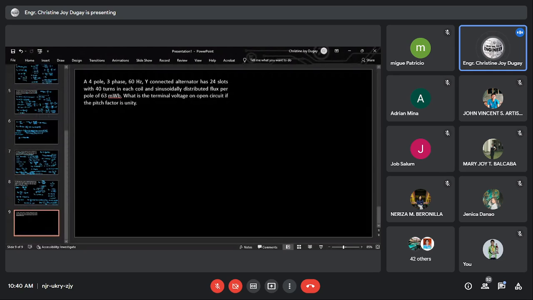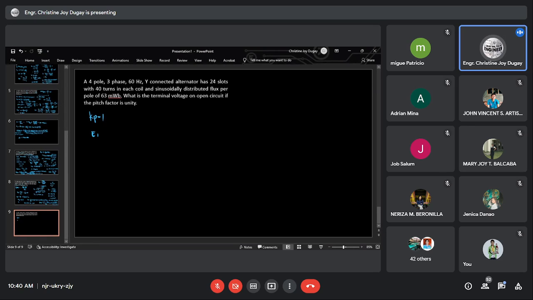A 4-pole 3-phase 60 Hz Y-connected alternator has 24 slots with 40 turns in each coil, and sinusoidally distributed flux per pole is 63 mWb. What is the terminal voltage on open circuit if pitch factor is unity? So ibig sabihin ng pitch factor po natin, naka-unity na po tayo dito ng KP.